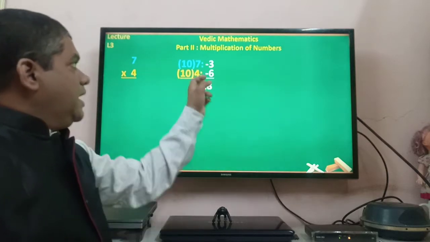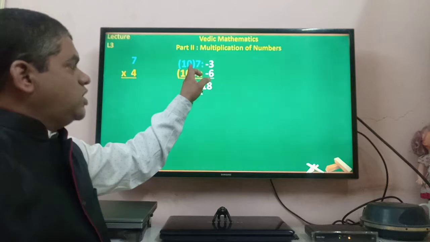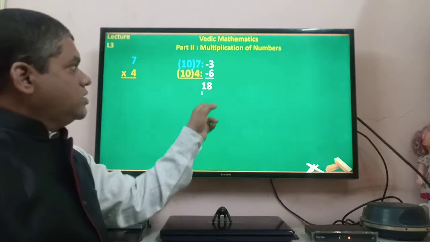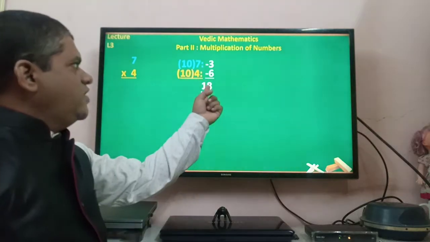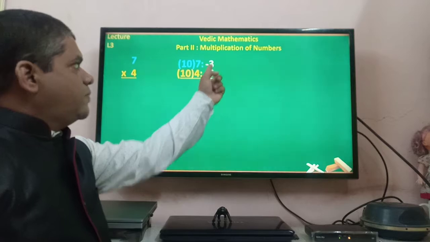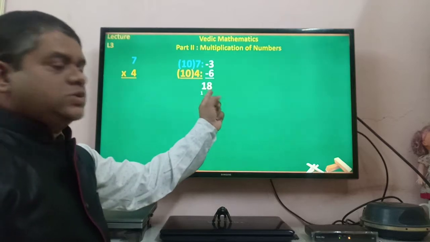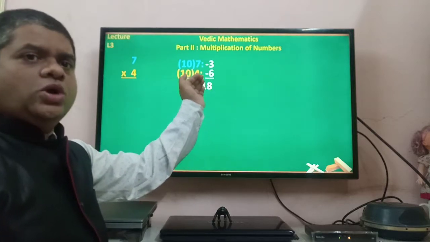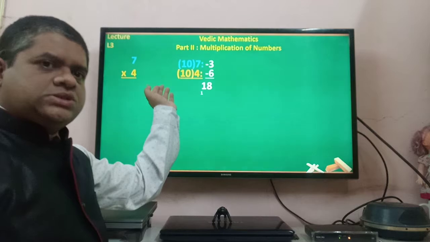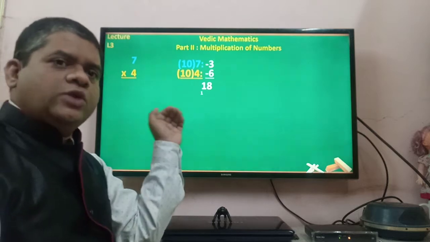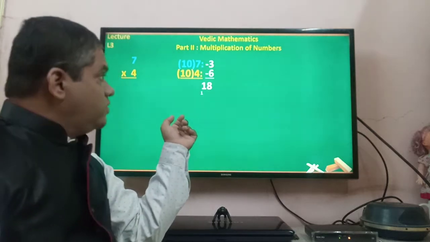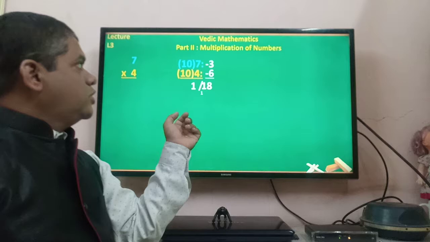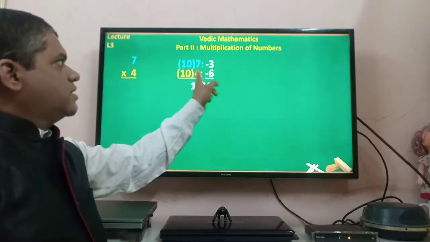Now as in base 10 there is only one 0, on the right hand side we have to have only one digit. But here the product we have got is 18. So this extra one we have to carry over to the left hand side, and we have to add. For the left hand side, we are going to add or subtract crosswise.